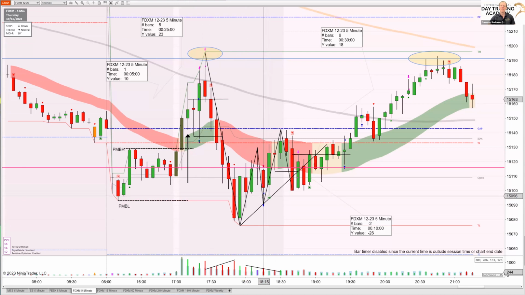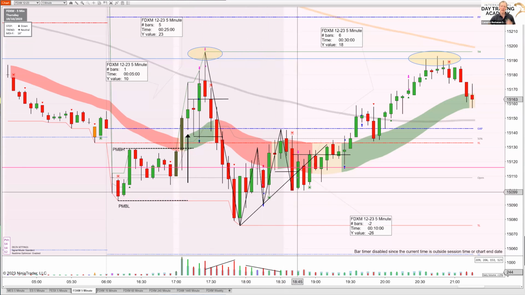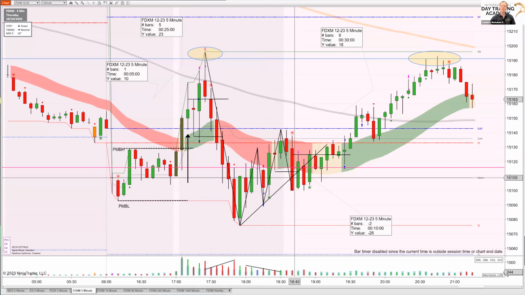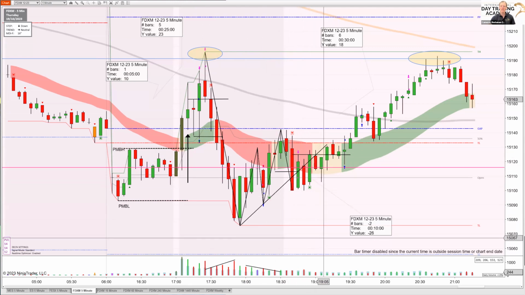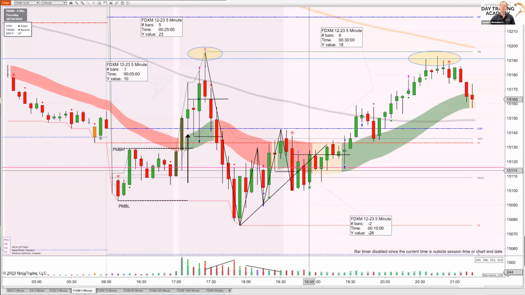Then I had this bias that I thought the market was going to go down. I had such a strong bias, and then I got it wrong. So I took a trade there. I went short, expecting the market to continue down. However, markets don't do what you always think they're going to do. So I took my stop loss up here, because once the market got above yesterday's low, I thought, this is probably going to go to the high side.